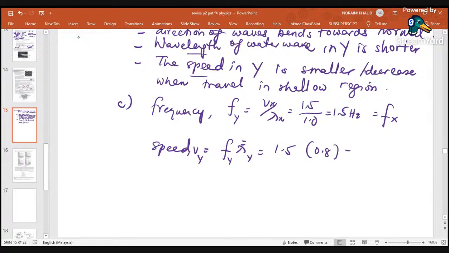So we get 1.2 cm s^-1. And then the answer, they want you to state in meter per second, so you just divide by 100. So you will get 0.012 m s^-1. Okay, that is for part C. Now we look at part D.